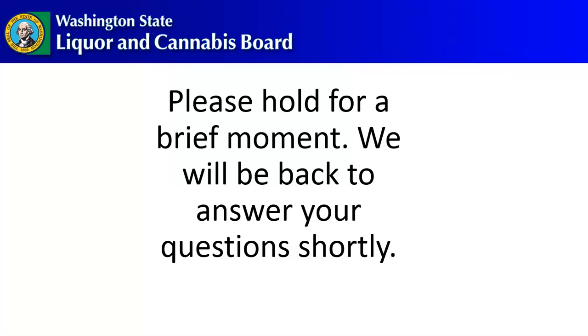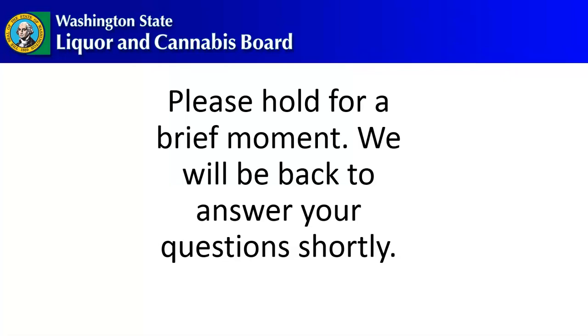Okay, so we got a question asking if we could go over what you need to do in order to add an outside service area. So what you're going to want to do is submit an alteration request to our liquor alterations email, and then you're going to need to submit floor plans and photos, and we actually have all of the floor plan and photo requirements on the alteration request form.